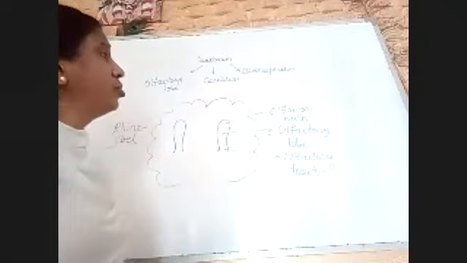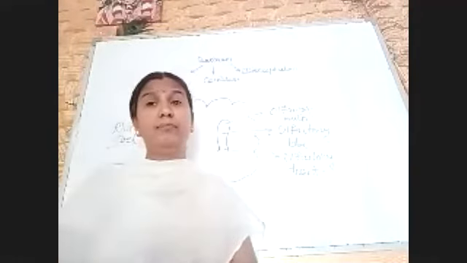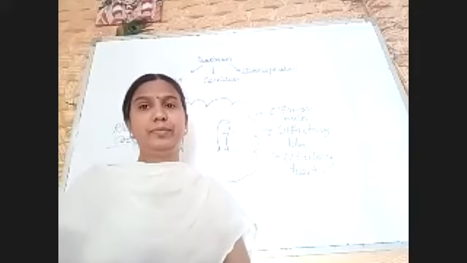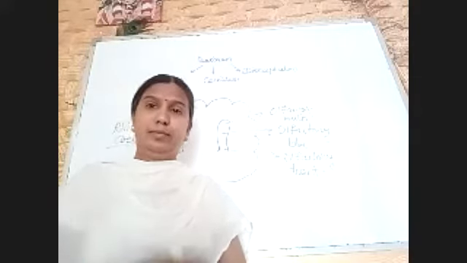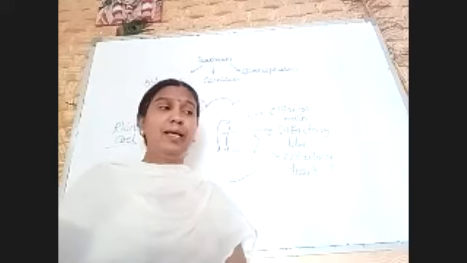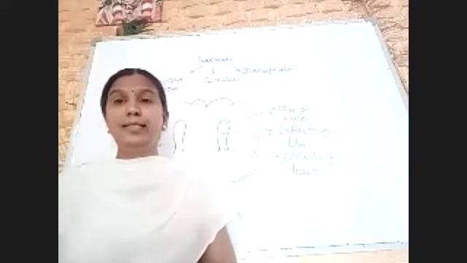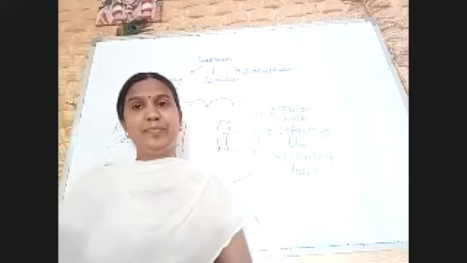Okay, so this olfactory lobe is actually not well developed in the human body. It is poorly developed. Why is it poorly developed? Because there is no need of such a function in our body. So what is the function of it? The main function of this olfactory lobe is that it controls the sense of smell.